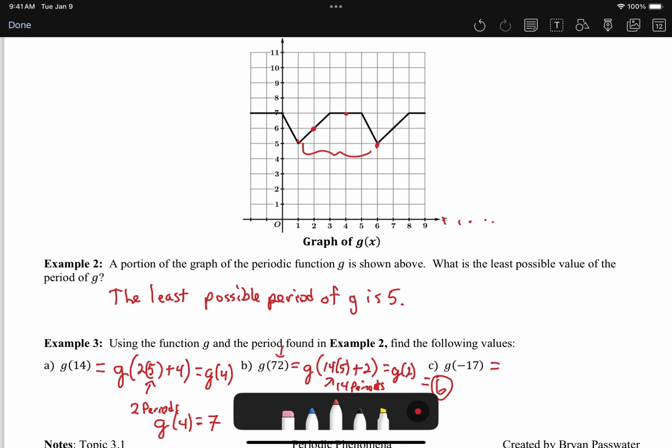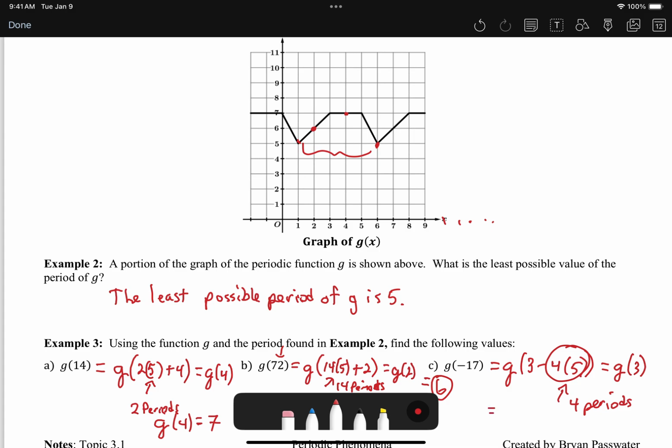In terms of 5, 20 minus 17, or should I say 3 minus 20? There we go. So 3 minus 20, there's 4 periods here. You don't have to write this period thing out. I'm just doing it because it helps the thought process here. That means that's g of 3, because this is all going to cancel out because you're repeating.